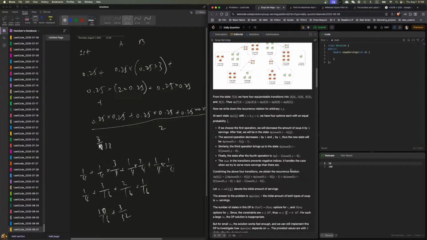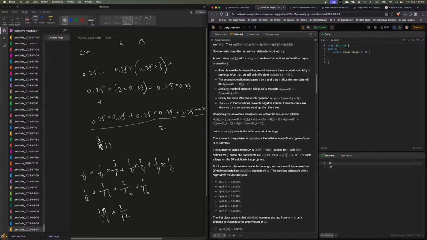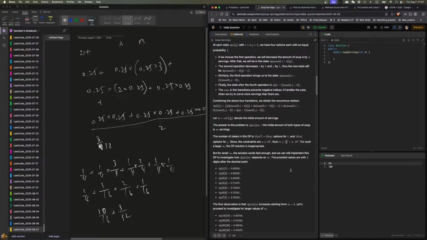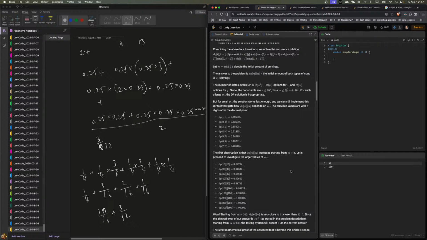What do you mean by initial amount? Is it converged to 1? Yeah, that's what I thought. It converges to 1.